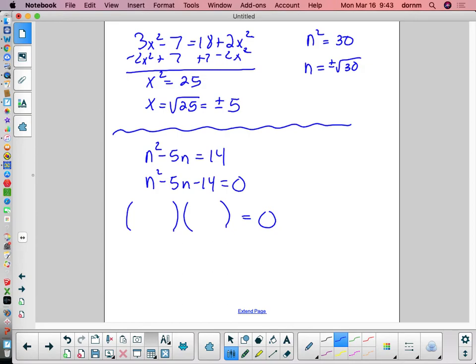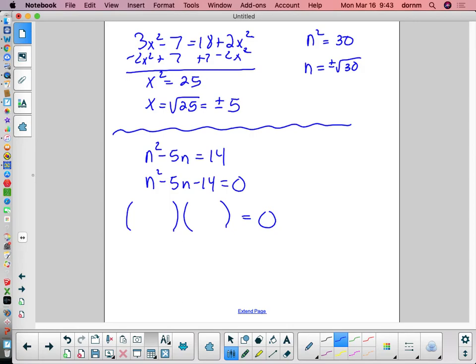Now, whenever I multiply two things together, and the product is 0, that means one of those two things must equal 0, or both of them possibly. But at least one of them must be 0. I can't multiply two non-zero numbers together and get a 0 answer. That's the zero product property of algebra.